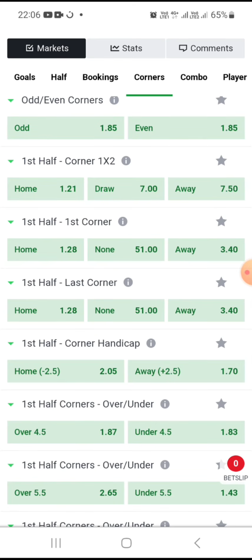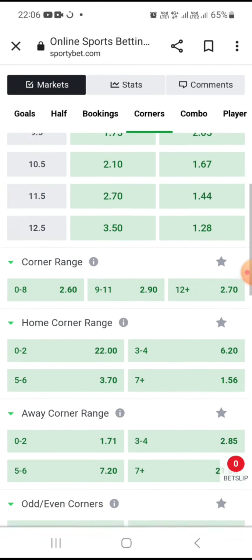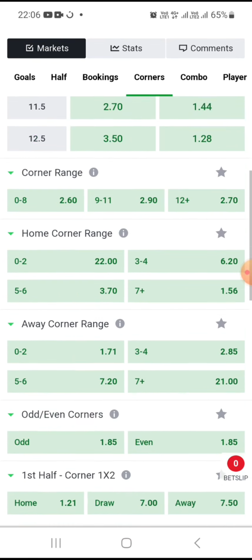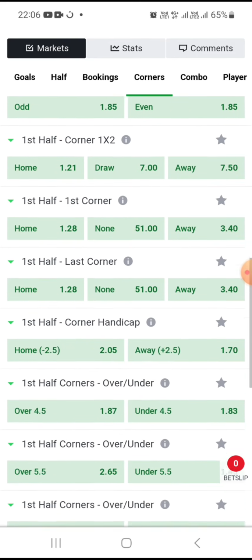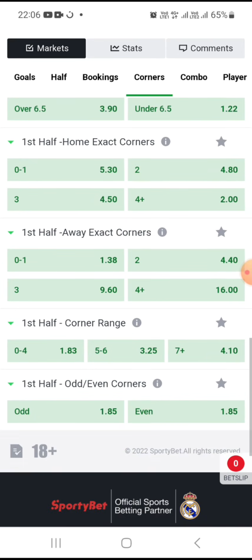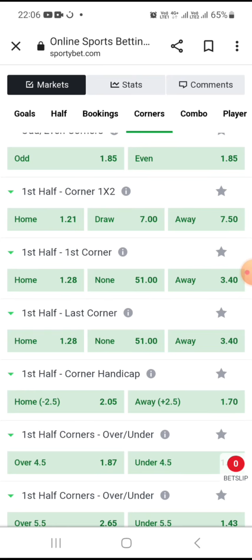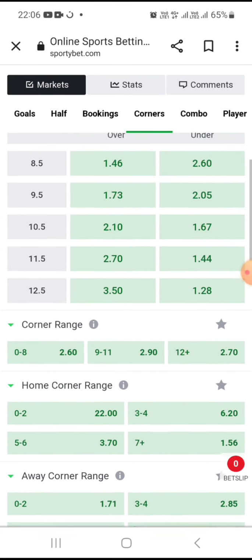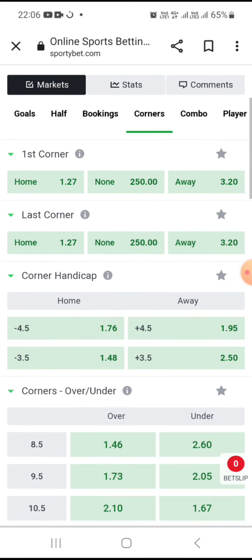For example, if you're playing first half corner under in the Champions League, is it over or under 4.5 or under 2.5, depending on how they put it. Then the corner handicap is another one you have to play.